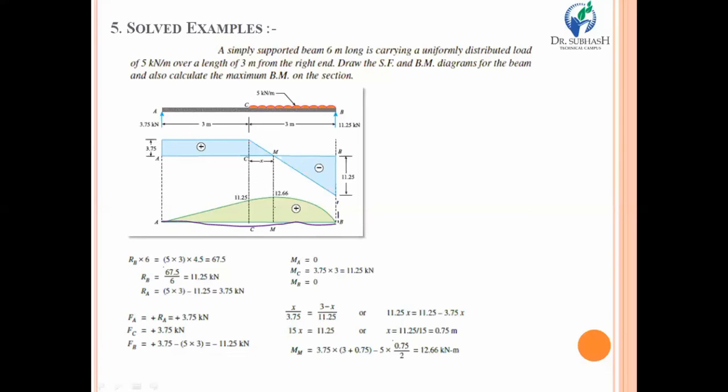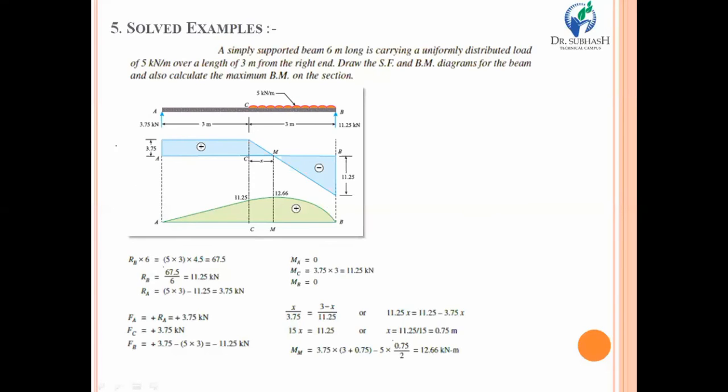All the lines should be extended over here, and one by one, as we have already taken scale, for example, 1 centimeter equal to 1 kilonewton in case of shear force, similarly you can select the same scale. Or if there is a large amount of bending moment, you can select as per your convenience and available space for the bending moment diagram. So we are selecting the same scale as that of the shear force diagram.